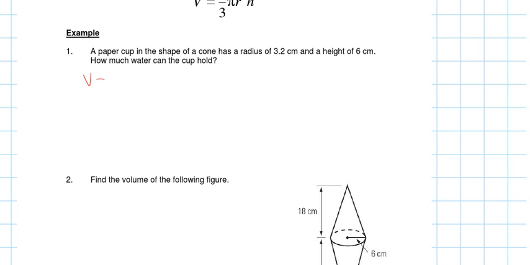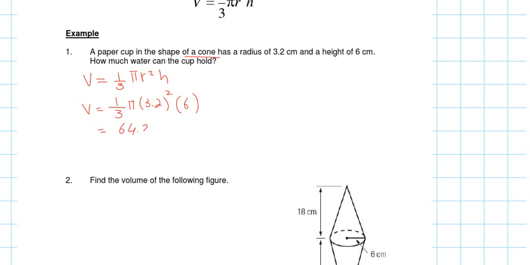I know it's a cone, so I'm going to use the 1/3 pi r squared h, and then plug in 3.2 for the radius and square that, and then plug in 6 for the height. 64.3. And what's my unit? Centimeter cube.